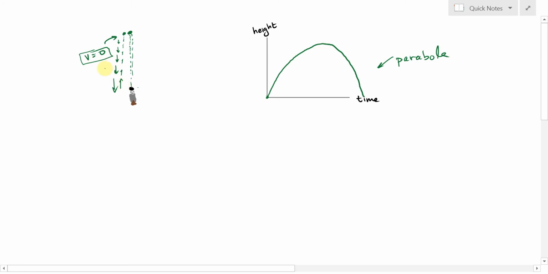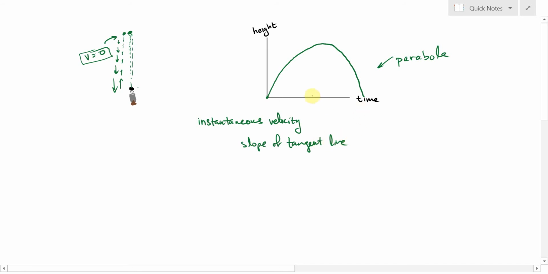So remember that the velocity, this instantaneous velocity, is also given by the slope of the tangent line at this graph.